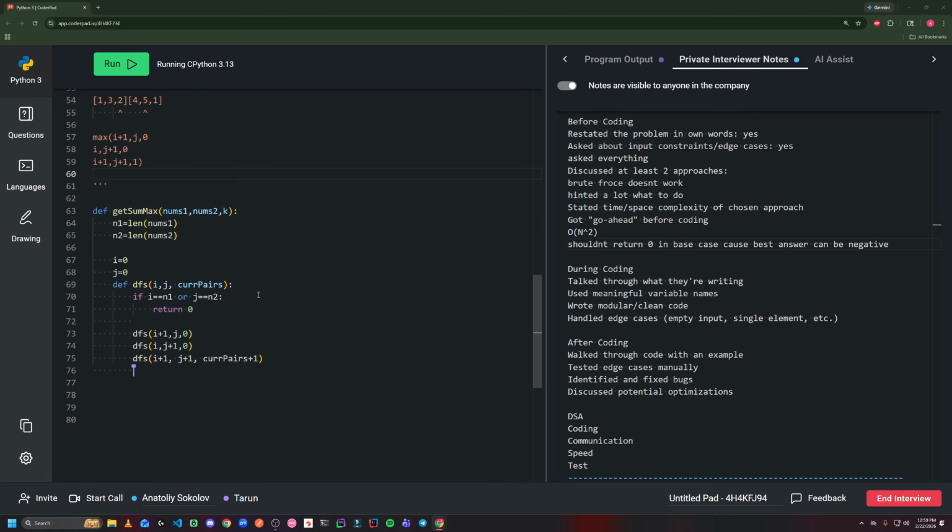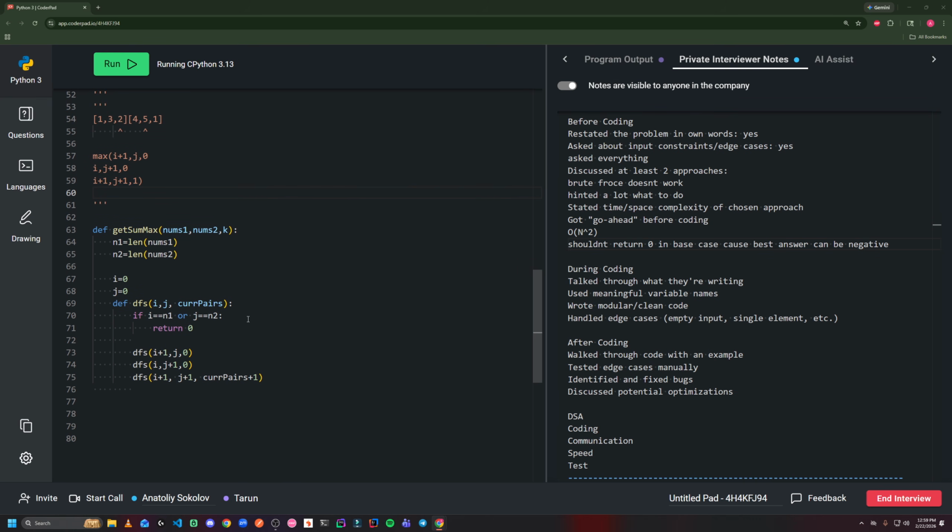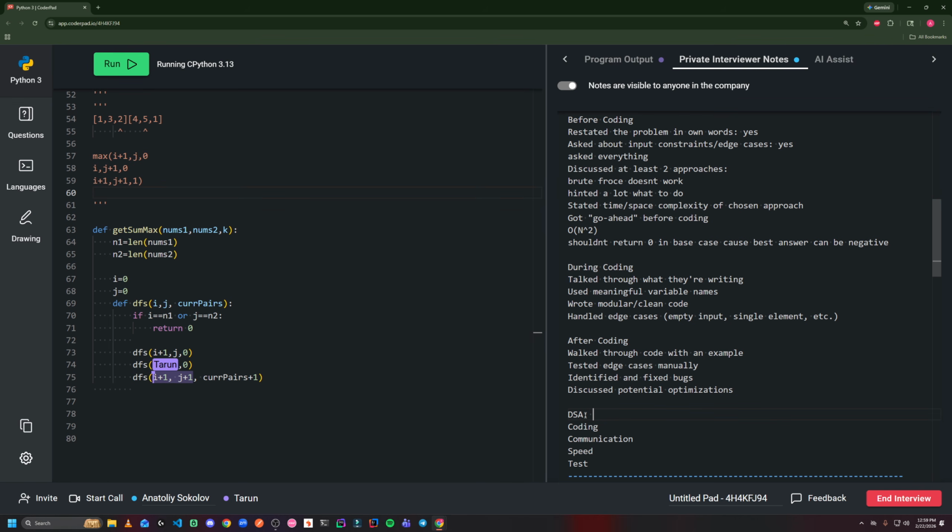But maximize the product of each pair. So what we are trying to get is the sum of all the products of each pair, sum of multiples. If I consider this, that means it is a pair.